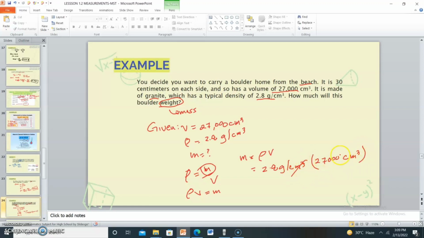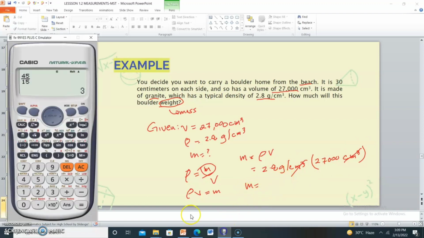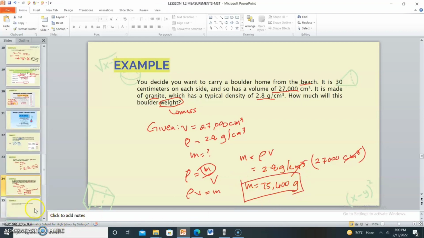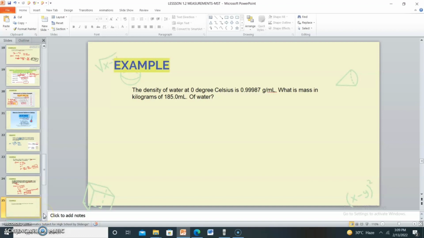Cancel out centimeter cube so that gram is left. So, 2.8 times 27,000 is equivalent to 75,600 grams. So, that's the answer. Proceed to the next example.